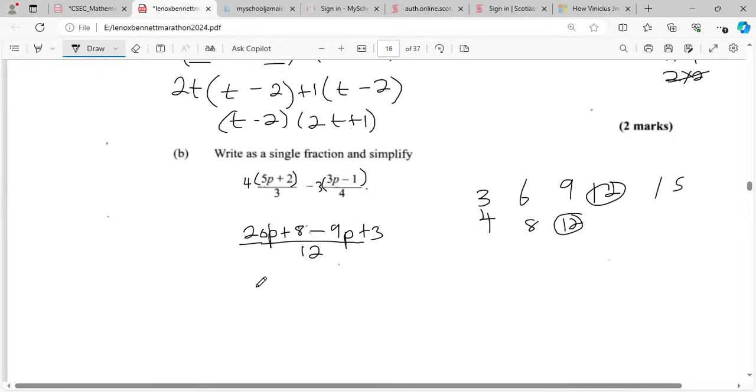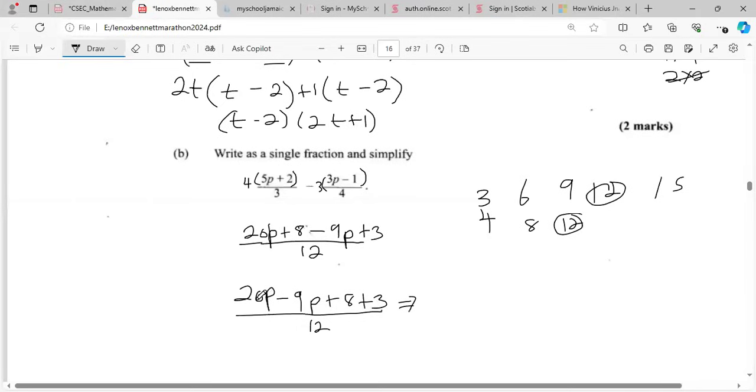At this point, we just group the like terms, so we put all the p's together. Notice I'm not changing any sign or anything, because it's just an expression. So there's no equal sign really.